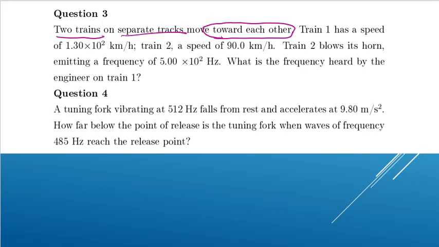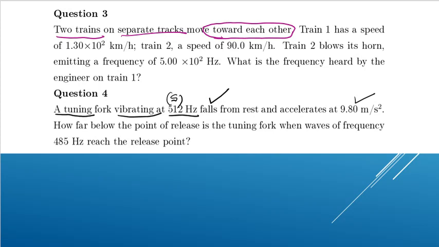So this question is simply saying a tuning fork vibrating at this frequency, then it falls from rest. So this guy falls, so this guy is going to make sound. So of course this is our source, and it accelerates at the acceleration I've been given.